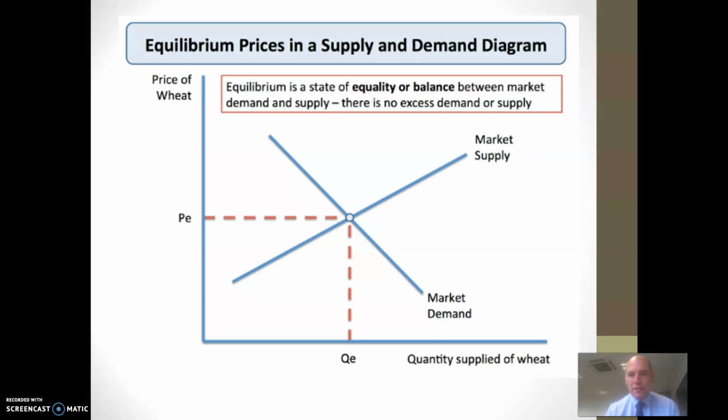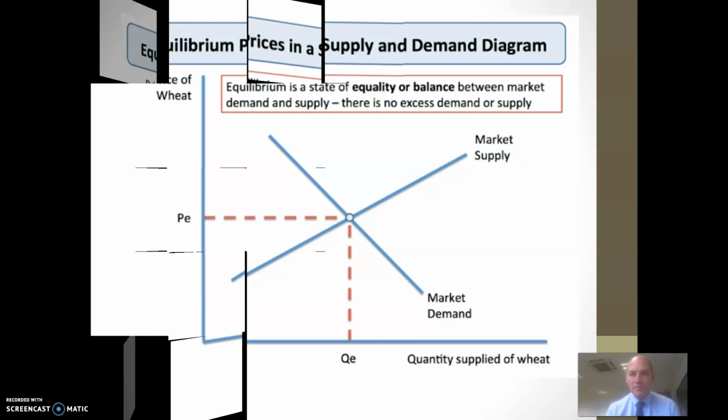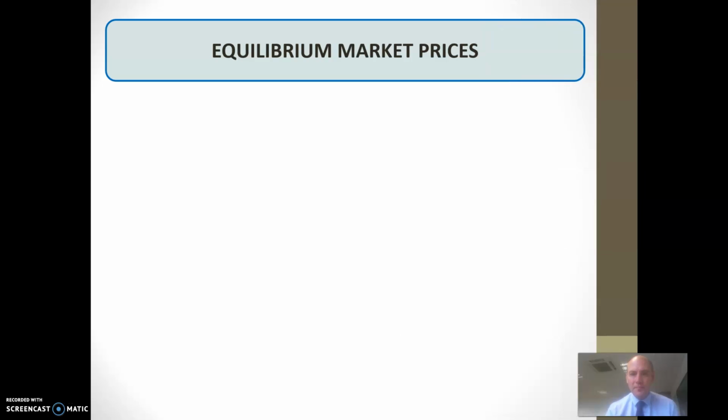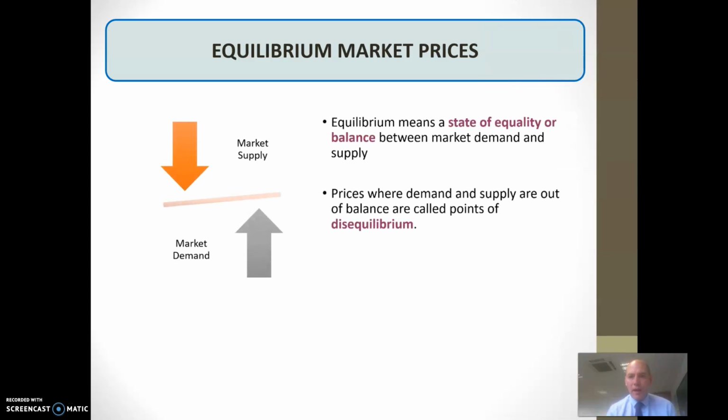So there's no excess demand or excess supply, which we'll come across those terms in a moment. So where we have equilibrium, that's that state of balance, where demand and supply intersect. At any other point, we will be in a situation of disequilibrium.